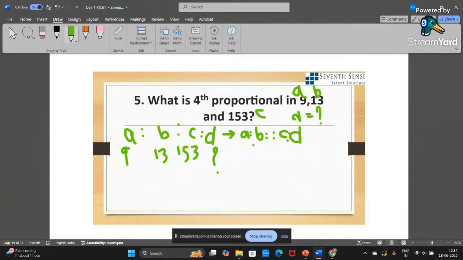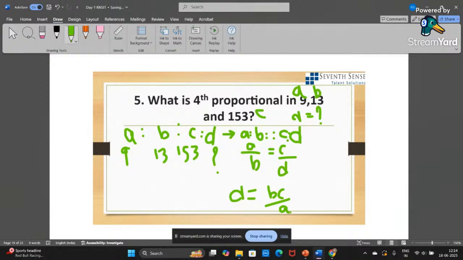Just again, what you have to do, like the previous one, A is to B should be written as A by B. This proportional symbol should be written as equate, and C by D. To find D, just modify it: D equals BC by A. Right?